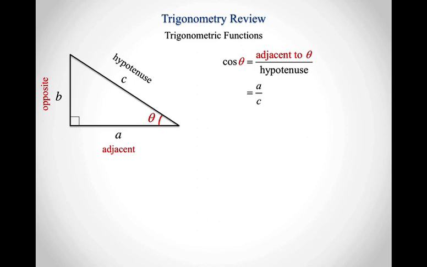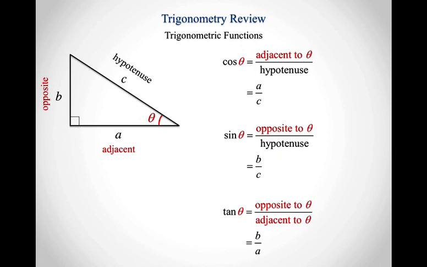In this case, that's side A divided by side C. Sine theta is the opposite side to angle theta divided by the hypotenuse, so this would be B over C. And tangent theta is the opposite side to the angle theta divided by the adjacent side to the angle theta. In this case, that's going to be B over A. So here are, again, the definitions for the three trigonometric functions that we want to make sure that we're comfortable with as well.